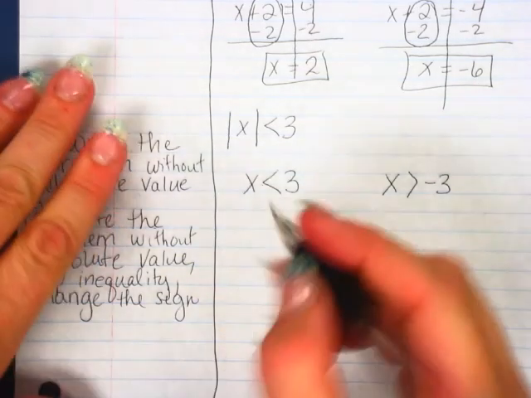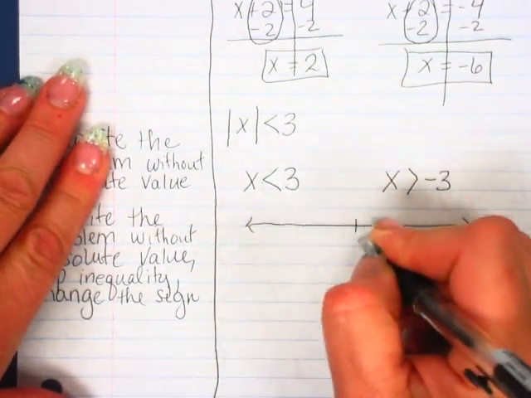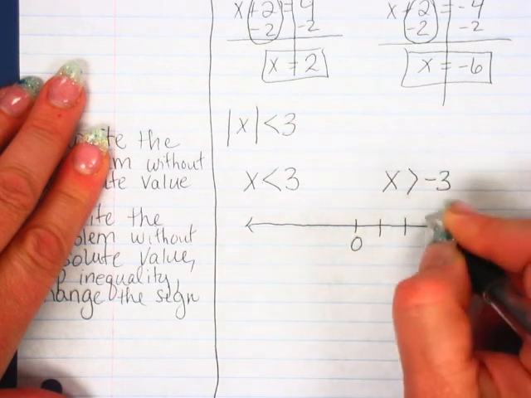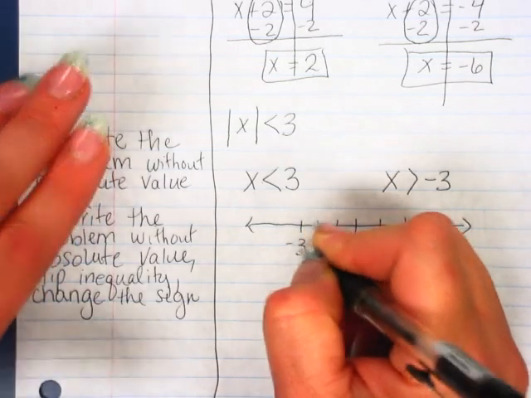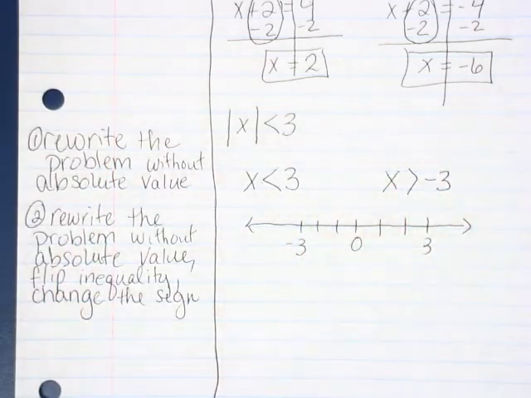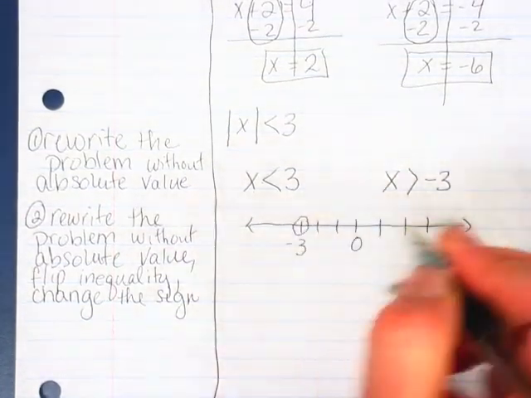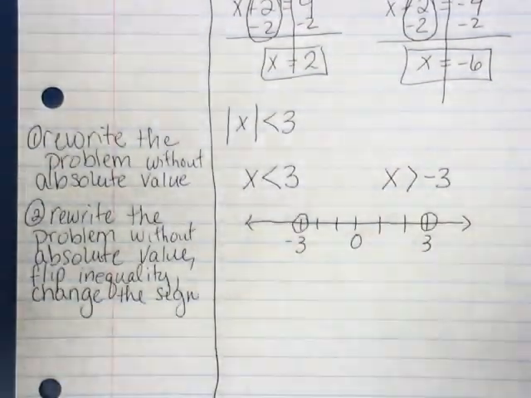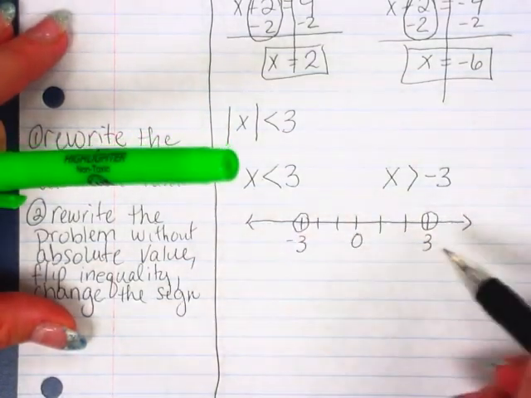So for this problem, we do have two solutions. Let's go ahead and graph it. Here's my 0, 1, 2, 3, positive 3, and 1, 2, 3, negative 3. It's an open circle because there is no equal sign. Now we need to know whether we're coloring in between.